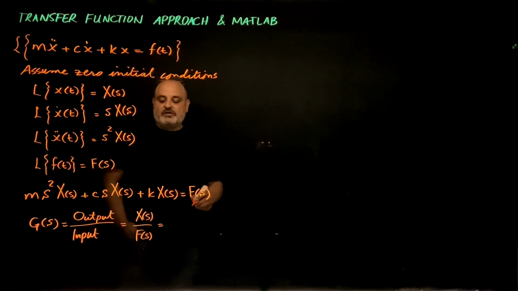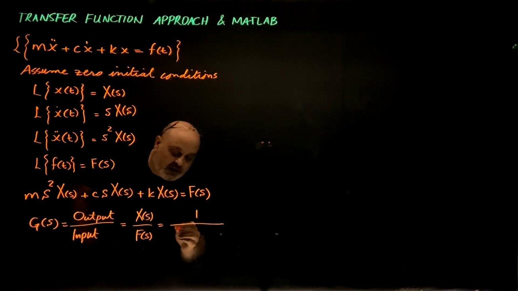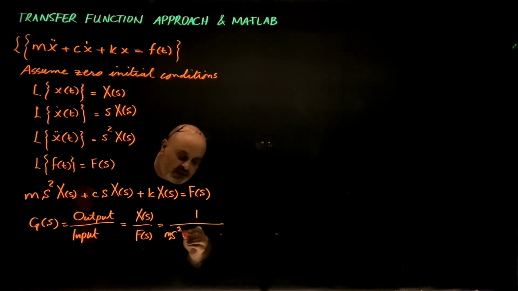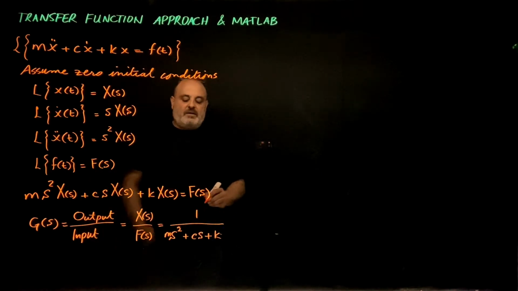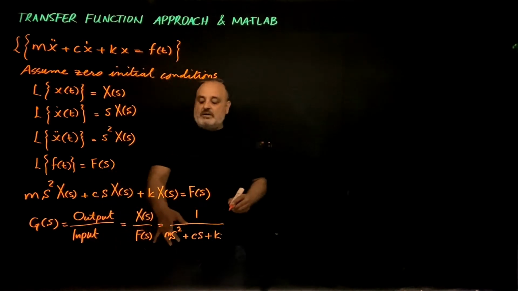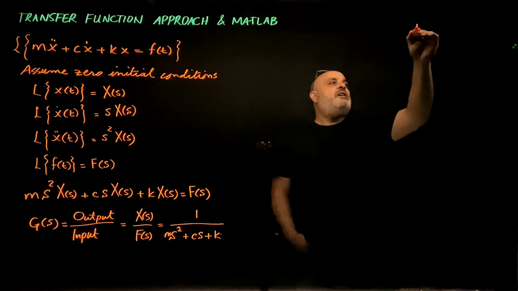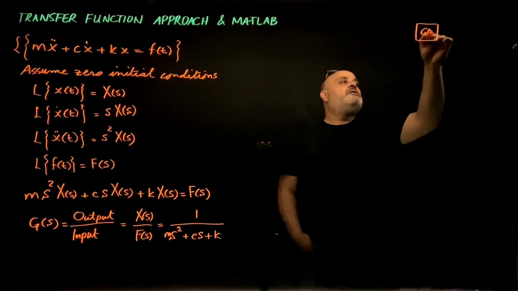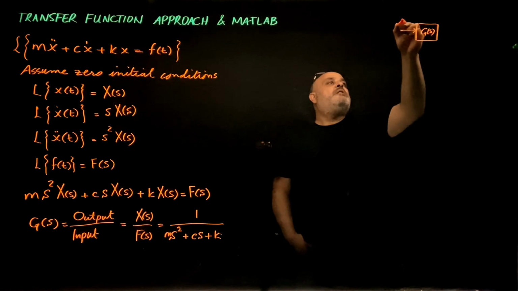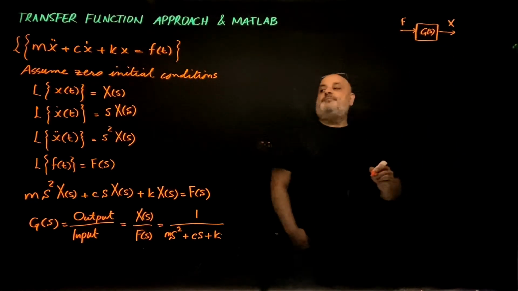So the transfer function becomes 1 over m s squared plus c s plus k. For this transfer function, as a block diagram, I can represent it as g of s. The input is f, the output is x.